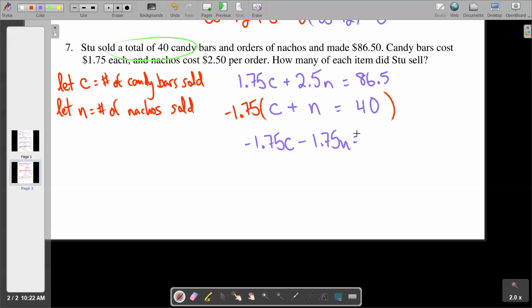But what we generally like to use our calculators for is these decimal operations. So I'm going to type into my calculator 1.75 times 40. My calculator says it's 70. So I, of course, am going to outsmart my calculator and put negative 70. As I've said many times, I don't usually type negatives into calculators. I just know what it's going to be and let the calculator do the annoying part.